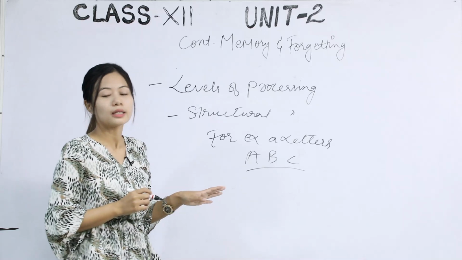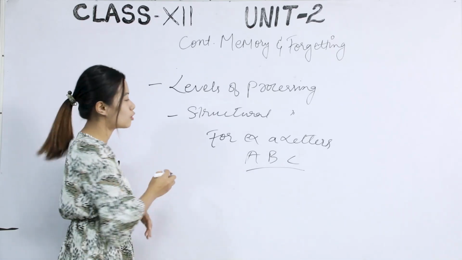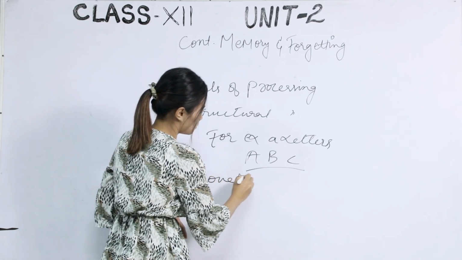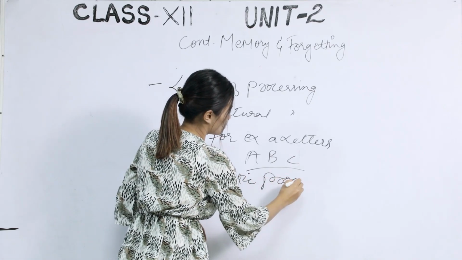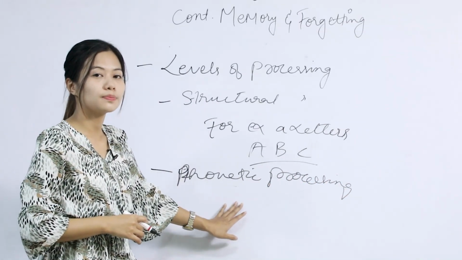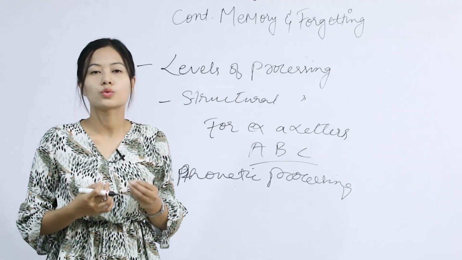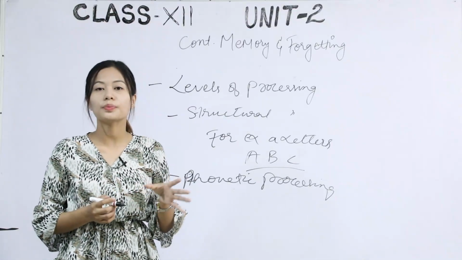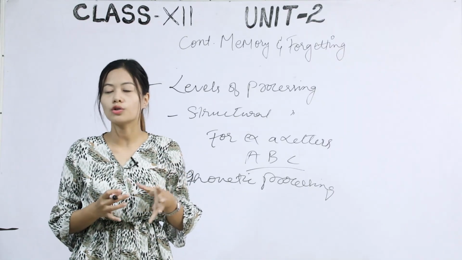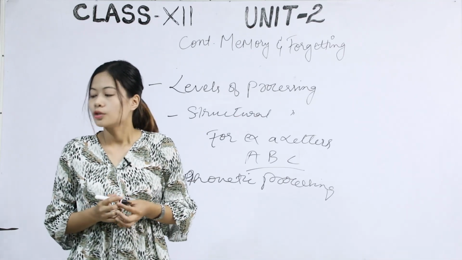At an intermediate level, it is phonetic processing. In phonetic processing, it is how we hear the sound, or what it sounds like. We compare the sound of the word to other words we have heard in order to retrieve some level of meaning from our memory.